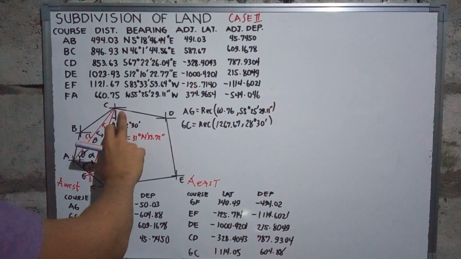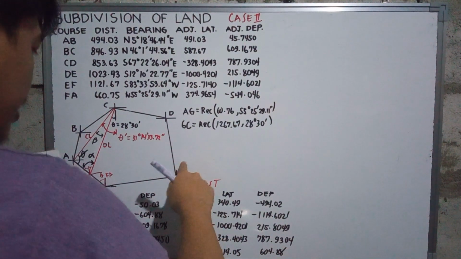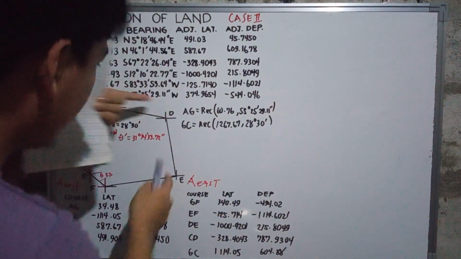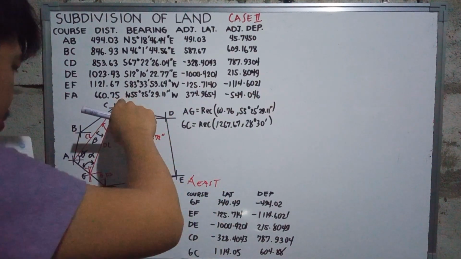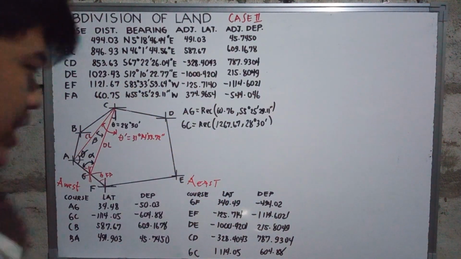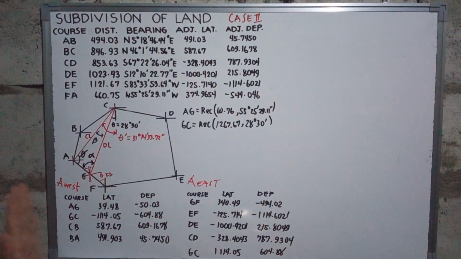So, kung titingnan ninyo, yung dadaanan nating course will be GF, EF, DE, at saka CD and at the same time yung DL natin, which is equal siya sa GC natin. So dadaan siya sa 5 line.